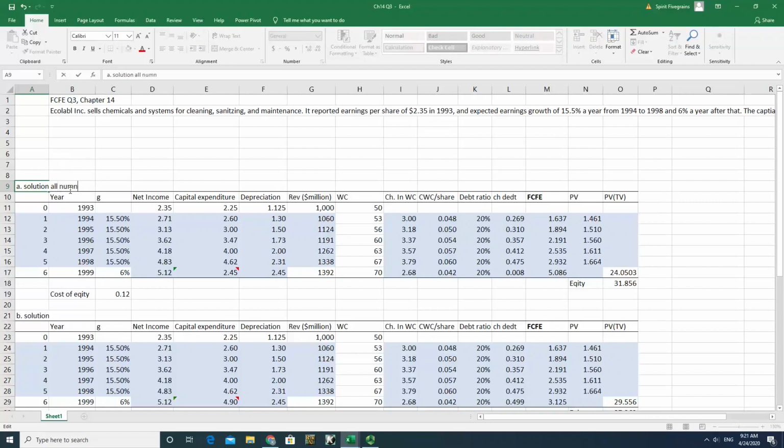All numbers are in US dollar per share, except the three columns: revenue, WC, and change in WC, except percentages and working capital, change in working capital.